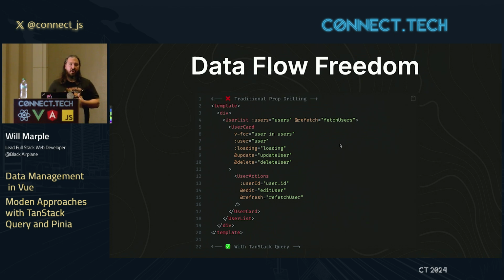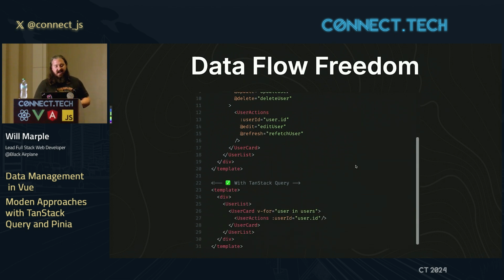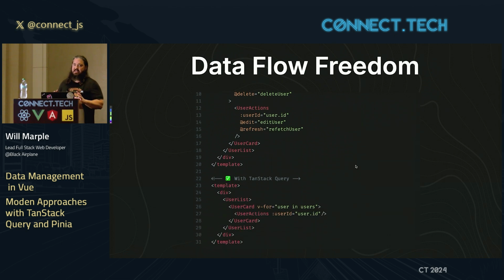This is the whole goal of this talk, to get freedom from worrying about this growing number of props that are coming in through various components in my tree, and how am I getting data back up, and I'm emitting events to get back up the tree and that kind of thing. When we decouple the concerns of the data from the tree, we get something more like this, very clean.